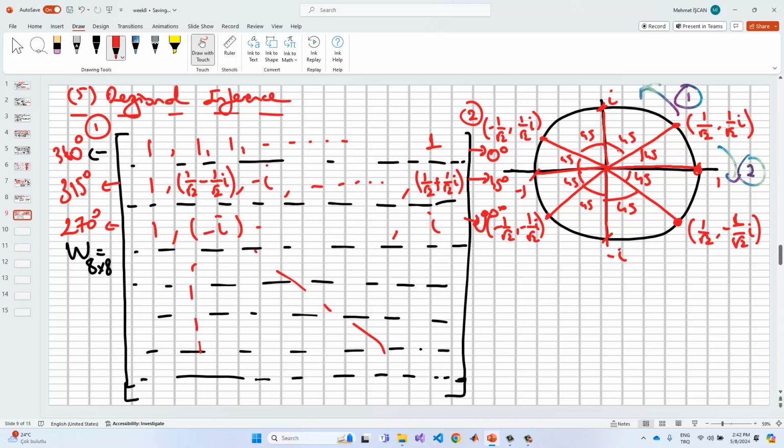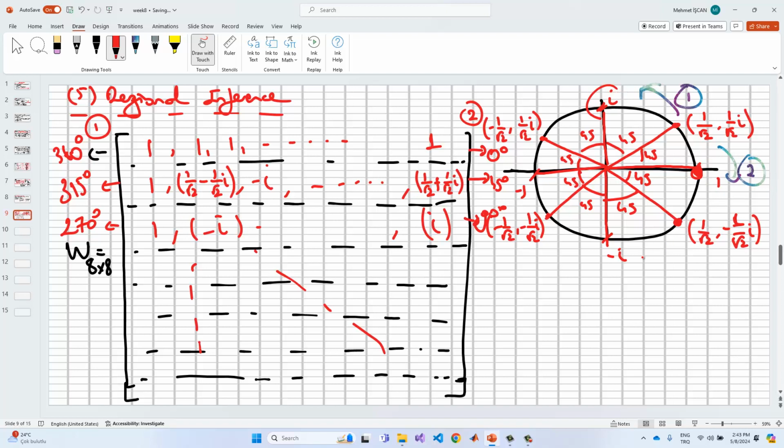Because in the two direction we have this one. In the one direction, this is 1. If we go to the 270 degree in the two direction, or we have the 90 degree in the one direction, the 90 degree is equal to i.